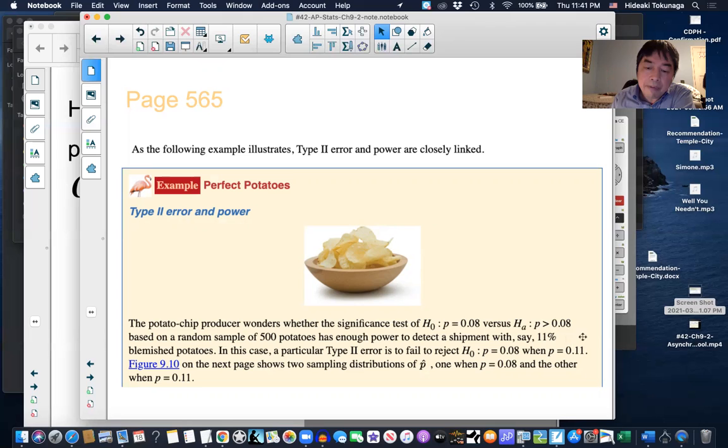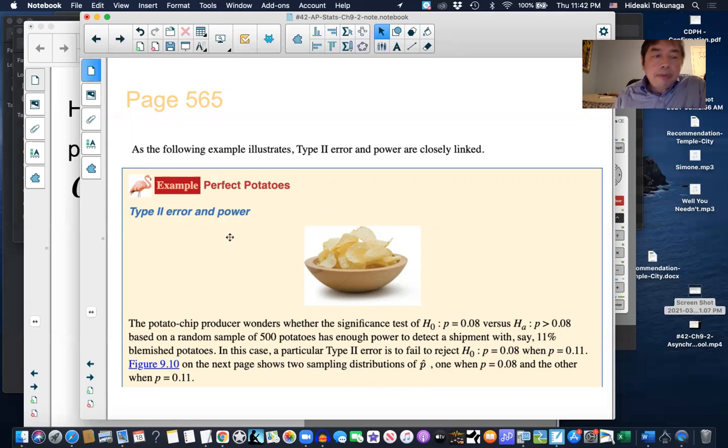There are two types of questions within one question, so just remember that. In this case, a particular type 2 error is failing to reject the null hypothesis p equals 0.08 when p equals 0.11. The next page shows two sampling distributions of p hat, one when p equals 0.08 and the other when p equals 0.11.